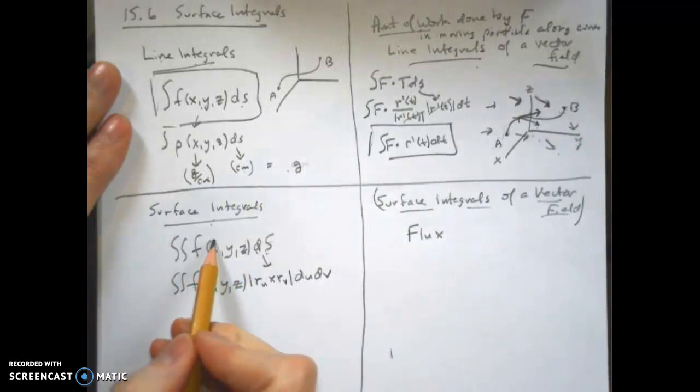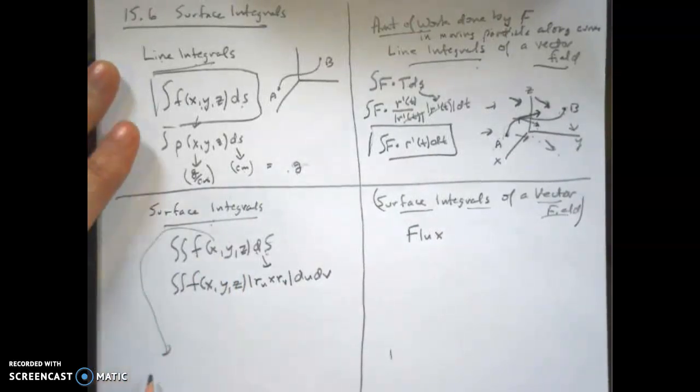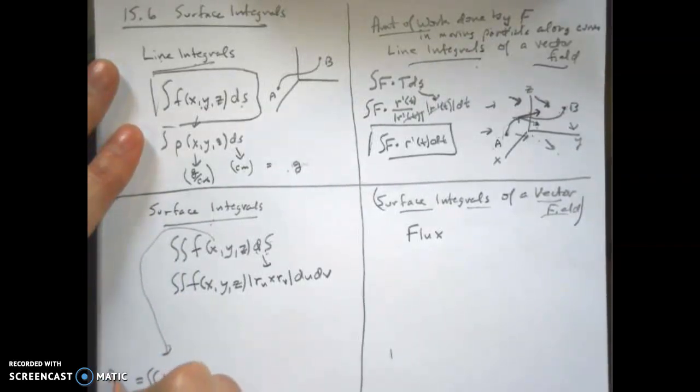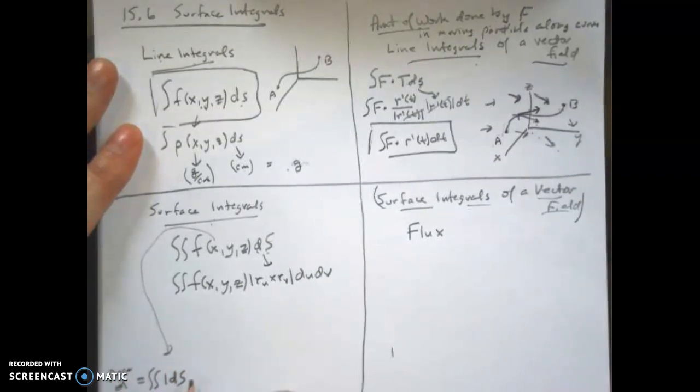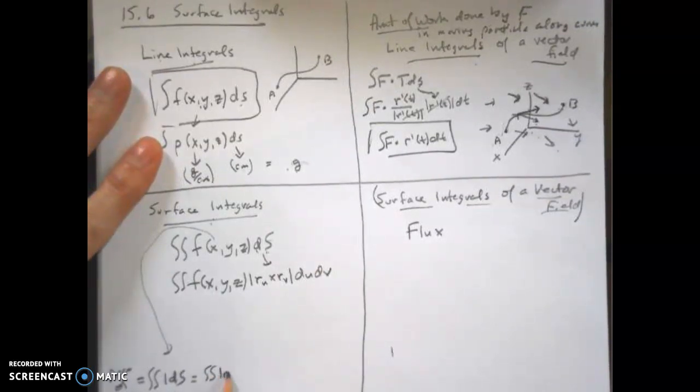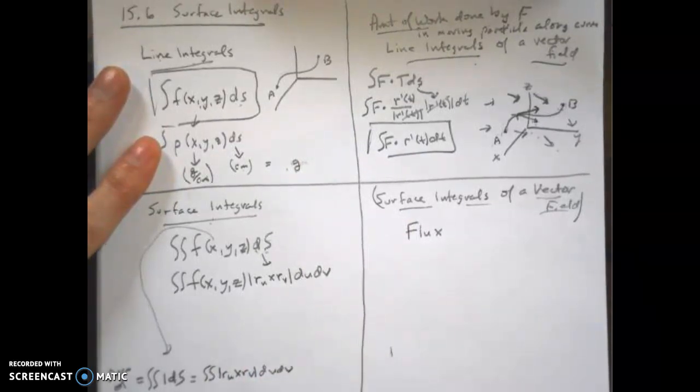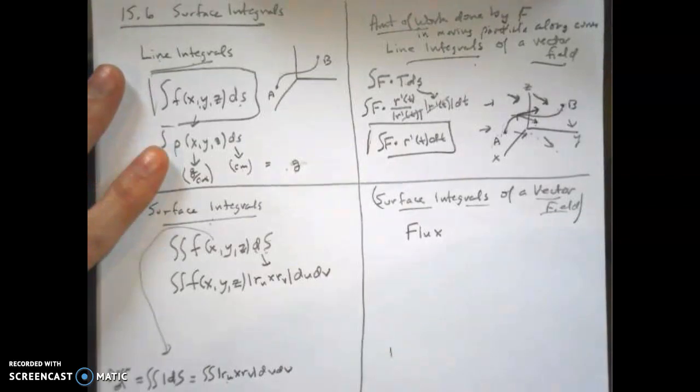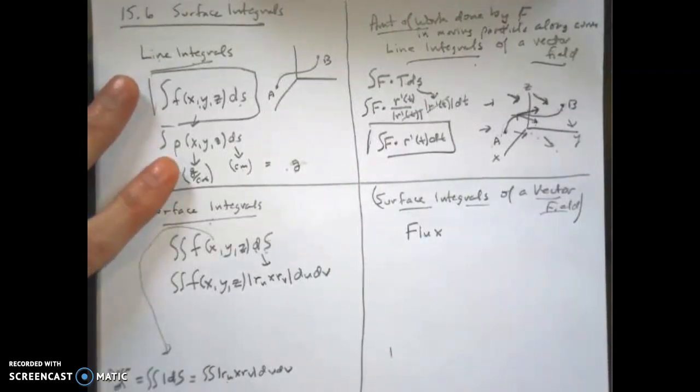If your f of x, y, z is just 1, then you'd have a double integral of 1 ds, and that is just the area of the surface. Remember, the area of a surface was just the double integral of the magnitude of u cross v, du dv. Or we also said if your parameters, instead of being u and v, were x and y.